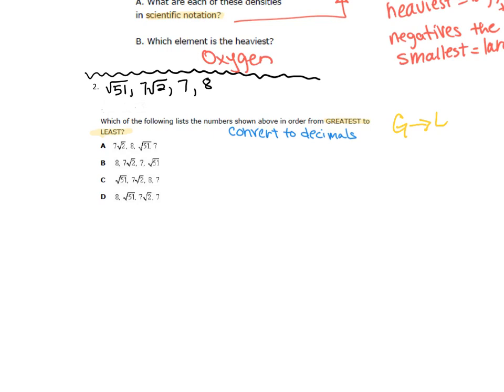And so if I do the square root of 51 in my Desmos calculator, I'm going to hit the square root sign first, then put 51. Why don't you stop this and do all 4 of these yourself, and then come back on.